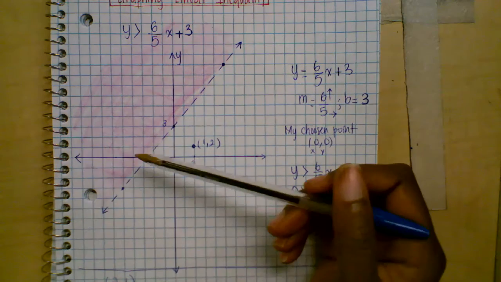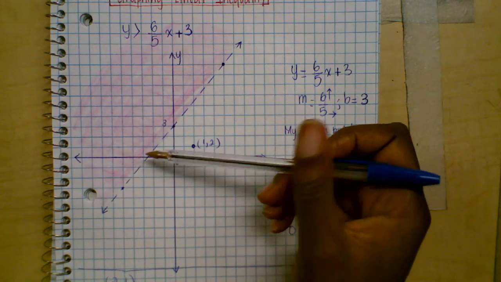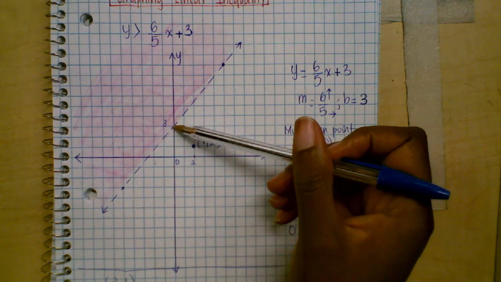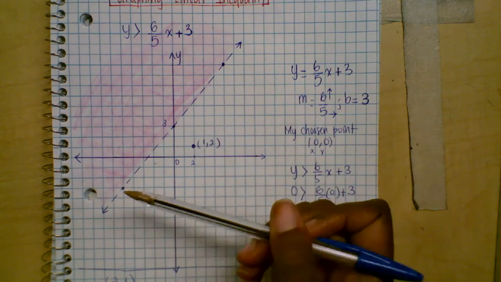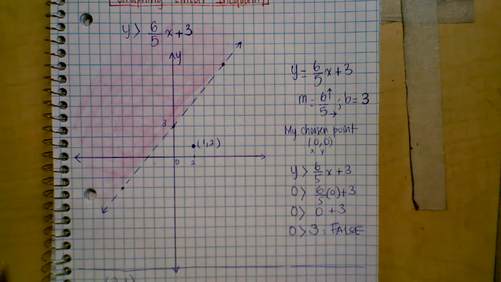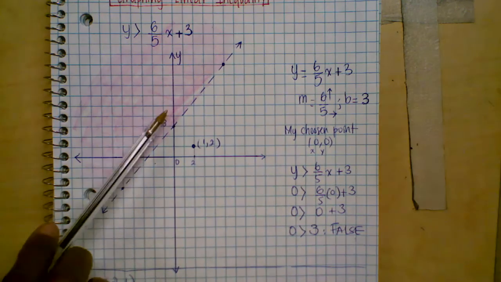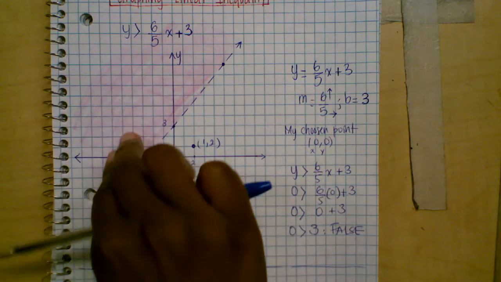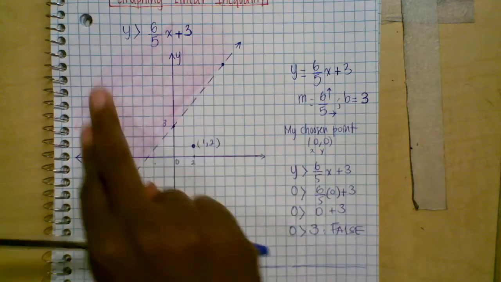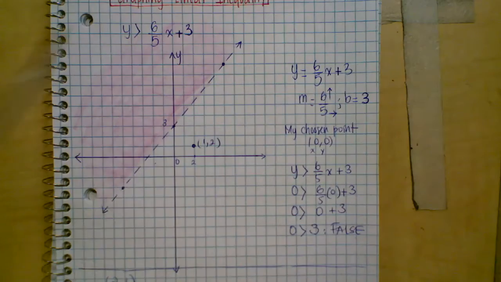You can also pick any exact point, maybe this point right here, and you will see that after plugging it into the inequality, it will not be true. It's only those points located in the solution region that will make this inequality true.